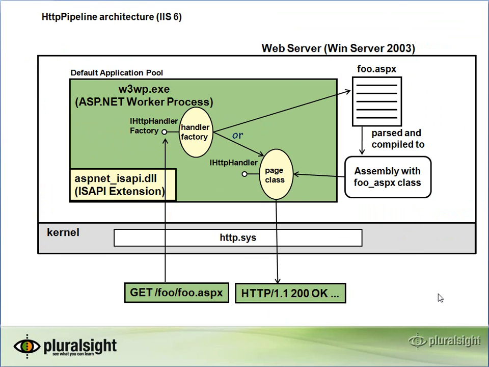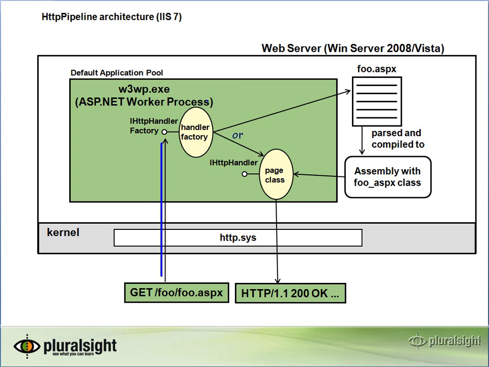And then the only difference in IIS 7 is that we no longer have the need for the ISAPI DLL, because ASP.NET is again a first-class citizen here. So when a request comes in through the kernel level HTTP listener onto the worker process, it actually will just go directly to the page handler factory, the object that implements the HTTP handler factory interface, and that will dispatch the request onto the endpoint.